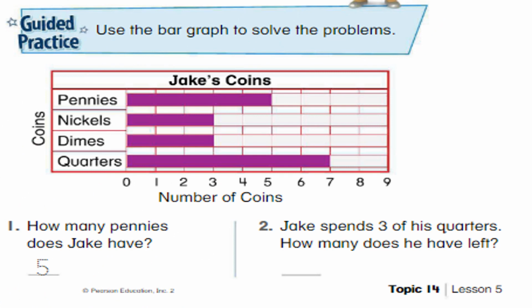Okay, next page, use the bar graph to solve the problem. So the title of the graph is Jack's Coins, and we have some coins like pennies, nickels, dimes, and quarters. Here the number of coins means, Jack has how many quarters?